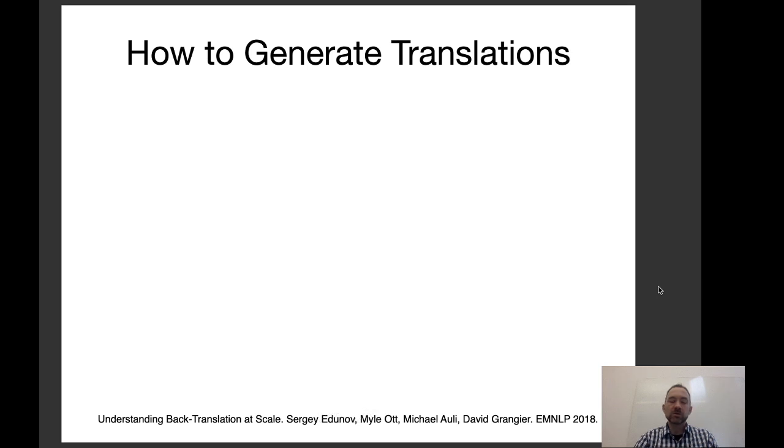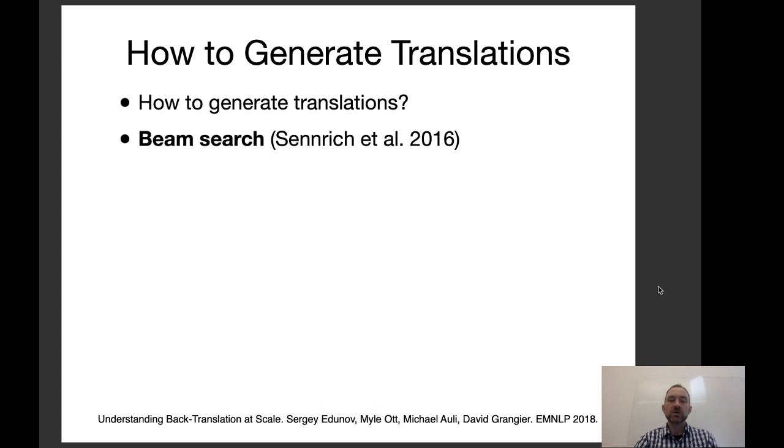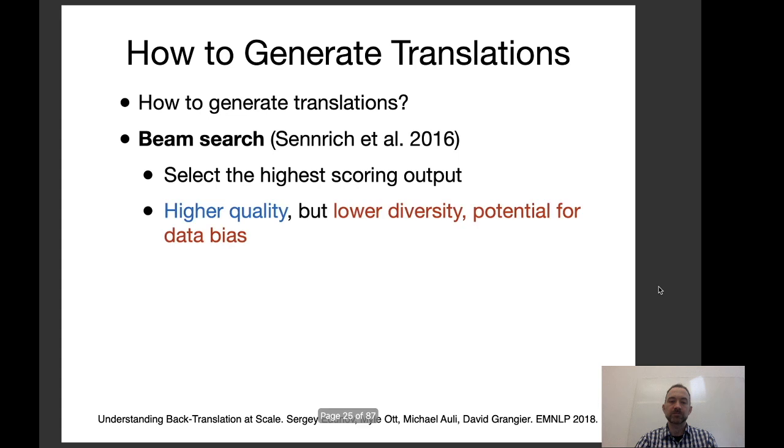We mentioned that we do back translation, and the next question is, how do we generate translations to augment our data? The standard way of generating translations in this case is using beam search, which we talked about last class. Beam search selects the highest scoring output. This will give us the highest quality pseudo-parallel data that we can create, but it comes at the cost of lower diversity, and potentially at the cost of data bias.